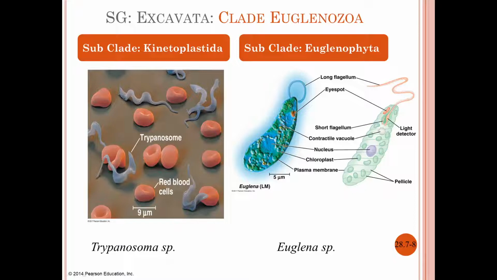And the disease that's caused by this is called African sleeping sickness, and it is vectored by the tsetse fly. Very, very rare though. There's about 1,000 cases a year in the most rural parts of Africa. And it's called African sleeping sickness because basically the person doesn't wake up one day.